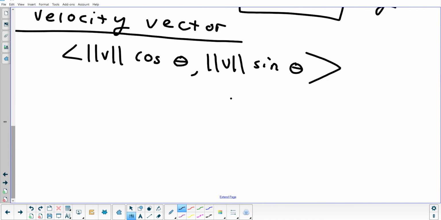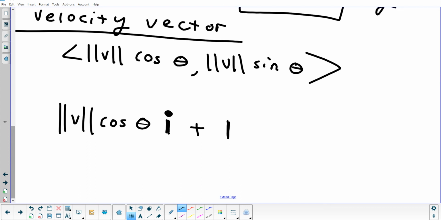Right, so that's one way. Or, if you want to think of it in terms of i and j, that's the horizontal. So the magnitude of v cosine theta, that number would go in front of i, plus magnitude of v sine theta would go in front of j.